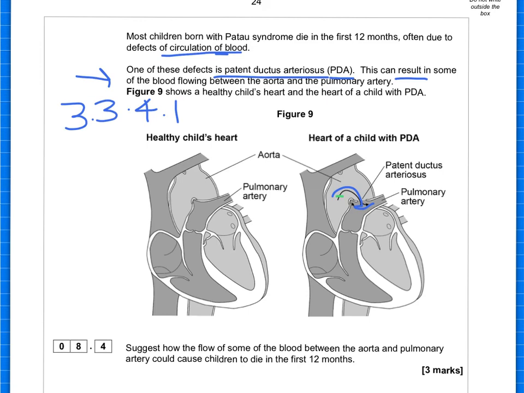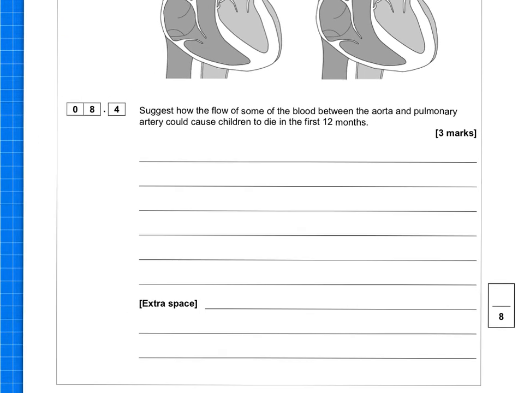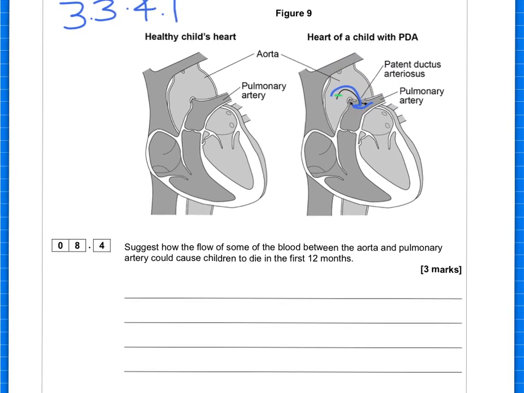So, question. It says, suggest how the flow of some of the blood between the aorta and pulmonary artery could cause children to die in the first 12 months. So key things there, suggest, so there's quite a few answers, and you've got to talk about why that is going to be fatal for children under 12 months.